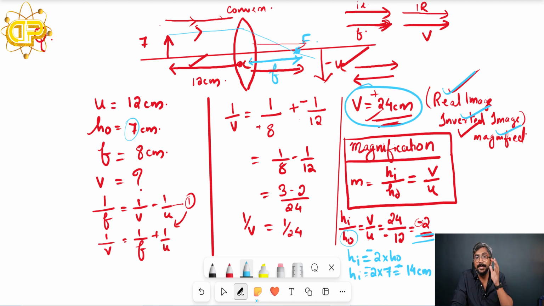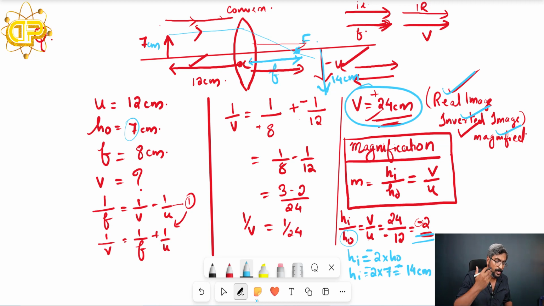So a 7 centimeter object has a 14 centimeter image, that is 2 times bigger than the object. So these all are the inferences that you are getting out of this particular sign convention as well as the lens formula. Okay, so we will go with one more question and we'll wind up the class.